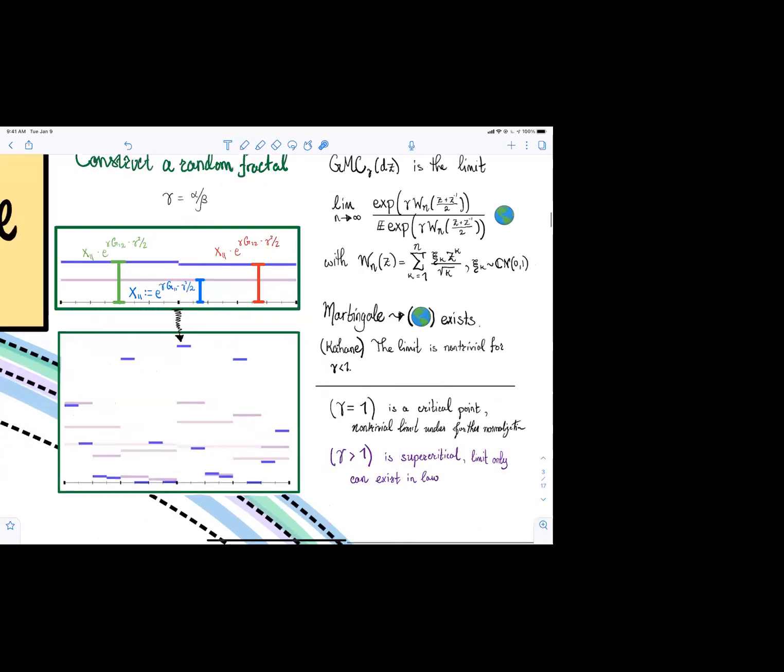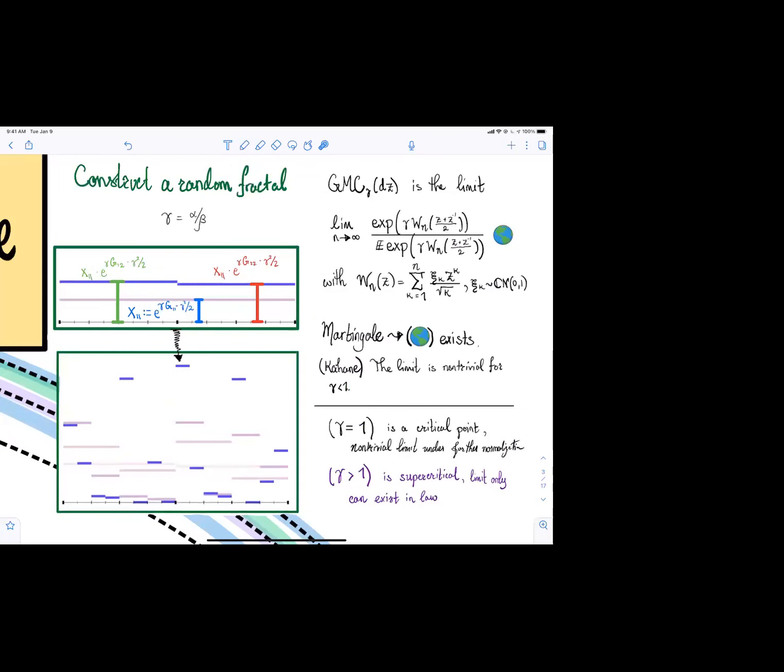The GMC is a generalization of this. So it allows for some small amount of difference in that the actual Gaussian field could be a little bit different than the one that generates this one. So specifically, the one that appears in the random matrix setting is more connected to analytic functions, or random analytic functions.